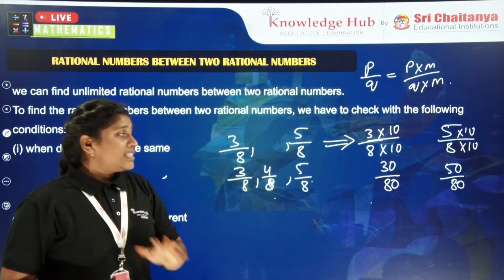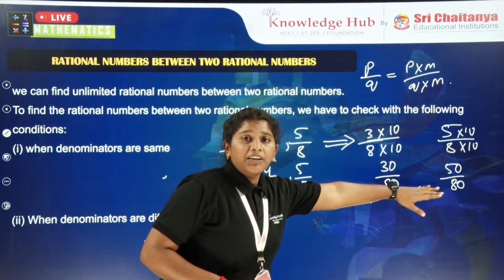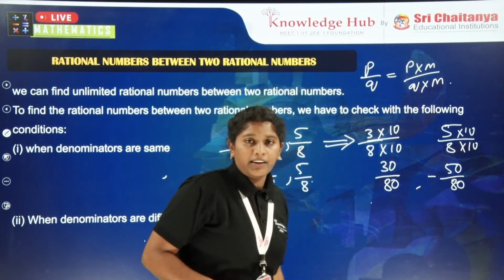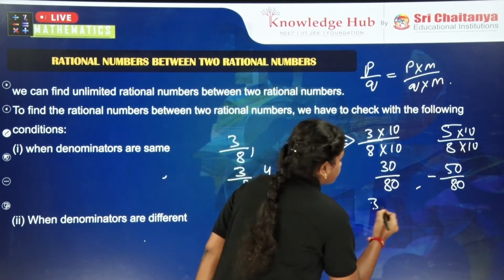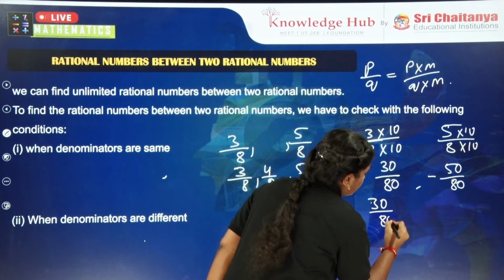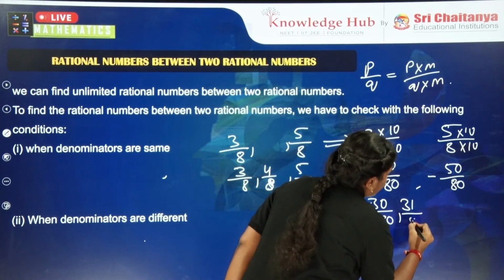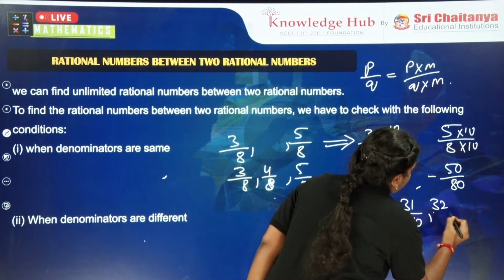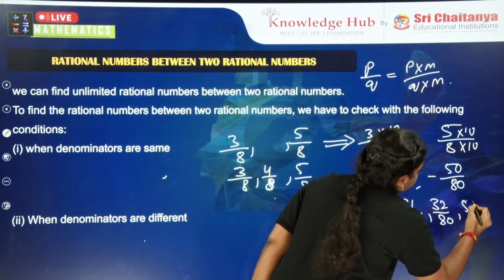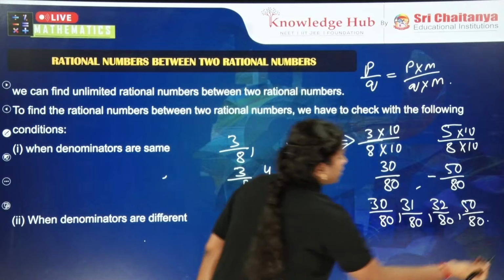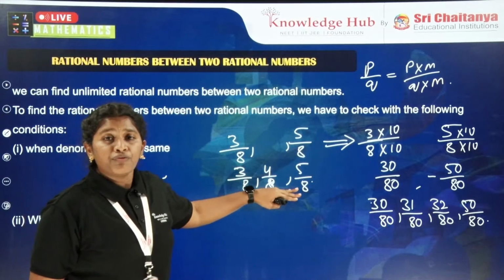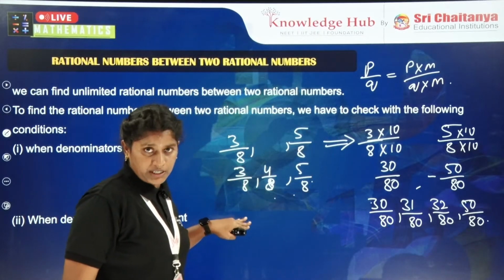Now we can easily keep the two rational numbers between our 30 by 80 and 50 by 80, where it can be taken as 30 by 80 and next 31 by 80 and 32 by 80 and 50 by 80. Okay, so this is the procedure we are going to follow if we are having the same denominators.